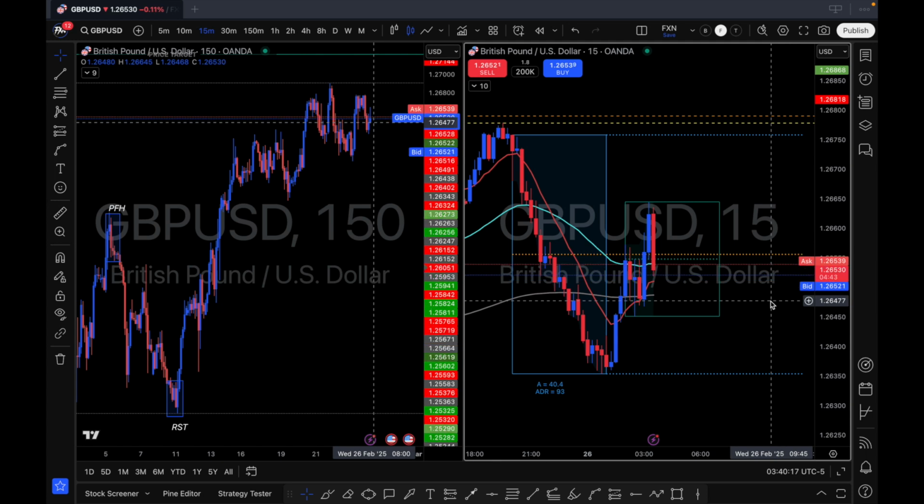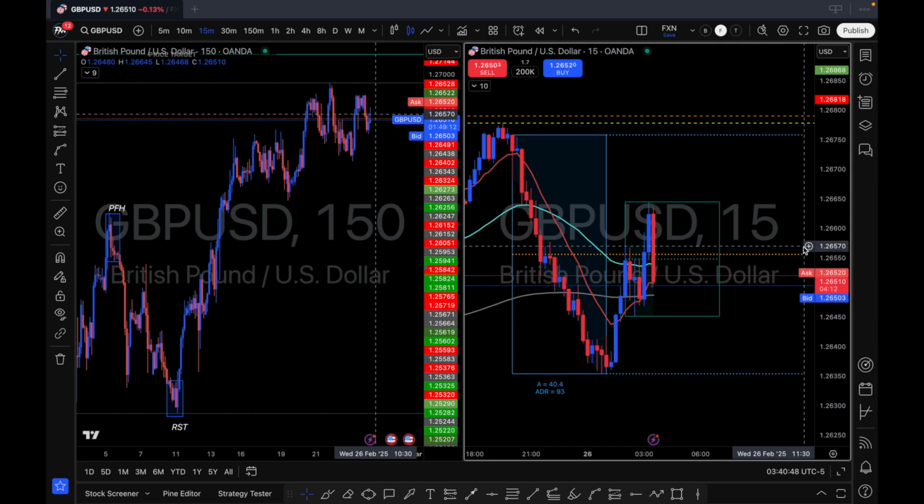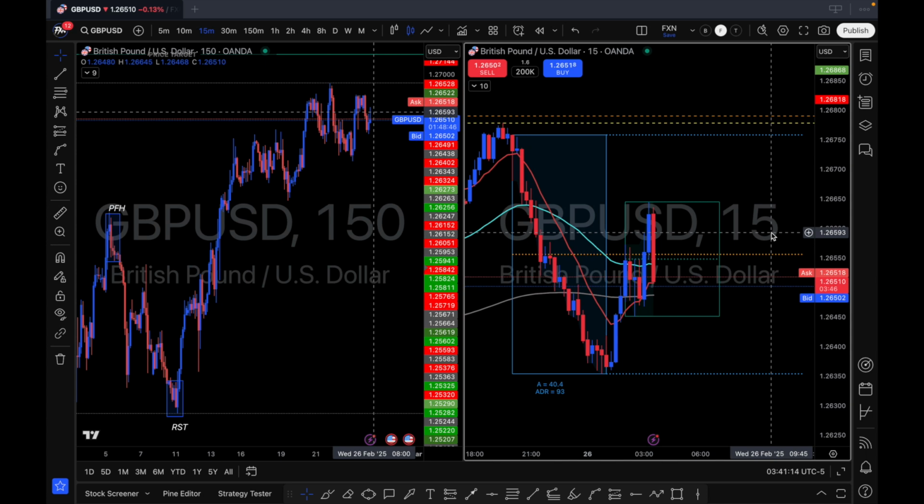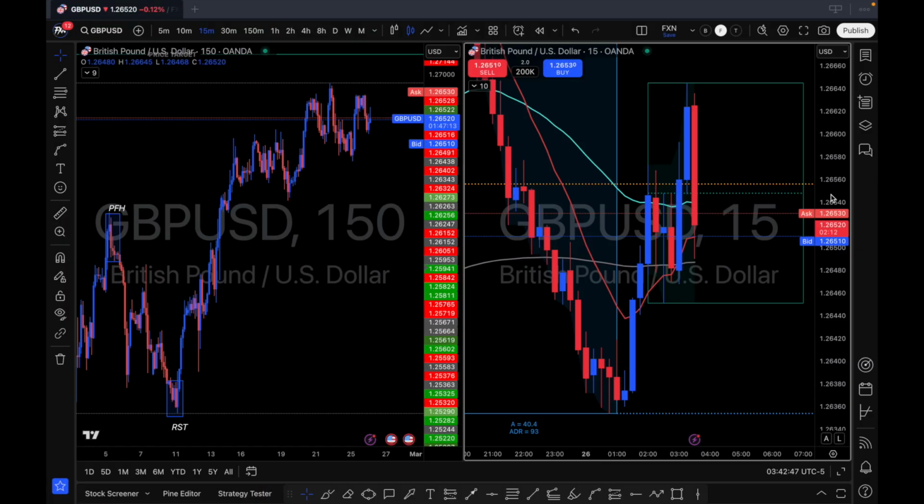Regardless, I'm going to have to wait the 5 minutes here for this thing to be done and over with, and then once this candle is over, I can make a better estimation of whether I even want to go into a possible setup here. As this candle finishes, it's pretty big, pretty massive.